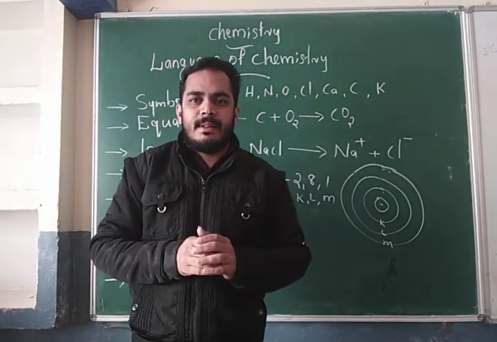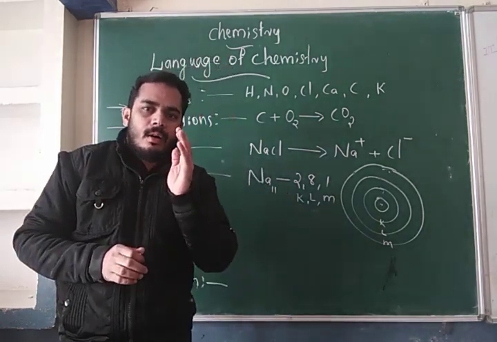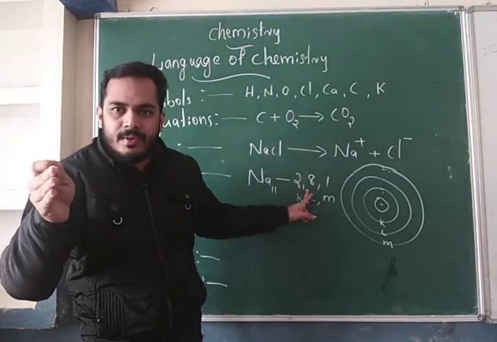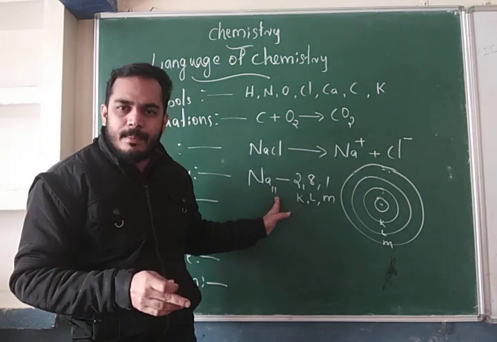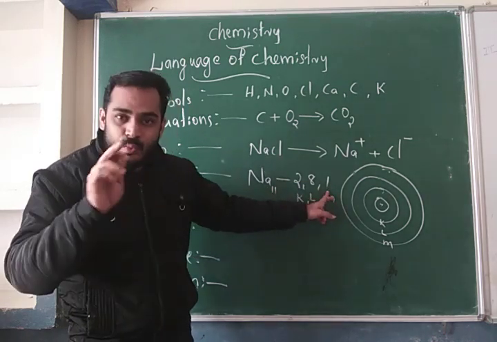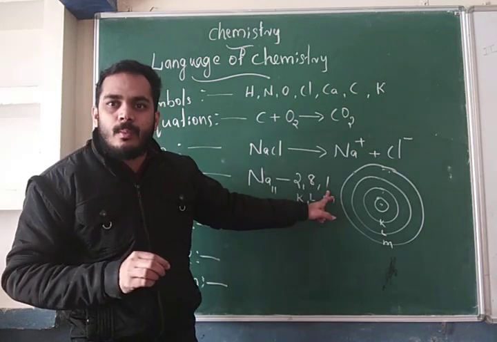So valency: some elements have different electronic configurations. In the case of sodium, atomic number 11, its valency is 1. How?